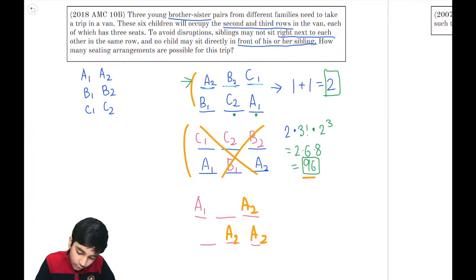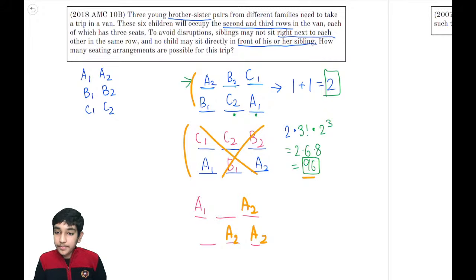That's why I multiply by 2 for the B's, and I multiply by 2 for the A's because I can flip A1 and A2. And I can also flip C1 and C2. So then it's just going to be 2 times 3 factorial times 2 cubed, and that's just 2 times 6 times 8, or 96. And that's the answer for this problem.